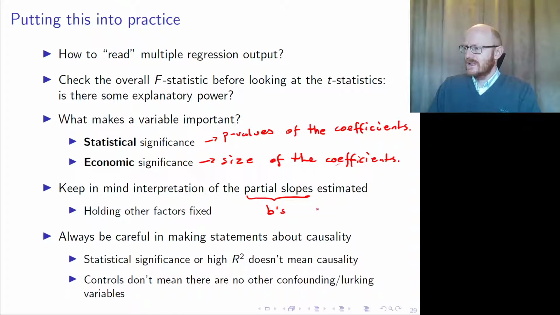Because if y is measured in kroners per square meter, and for example x1 is measured in kroners, then the b is measured in units per square meter, right?